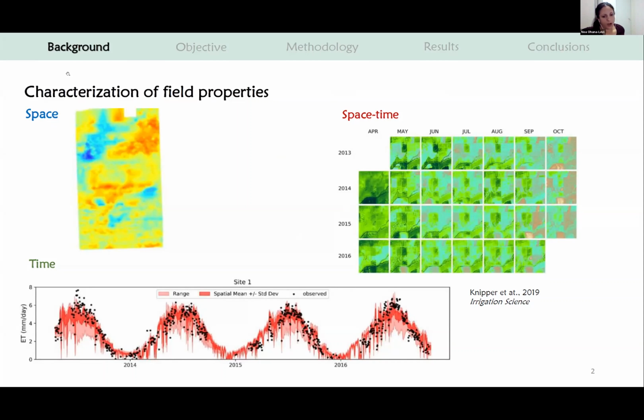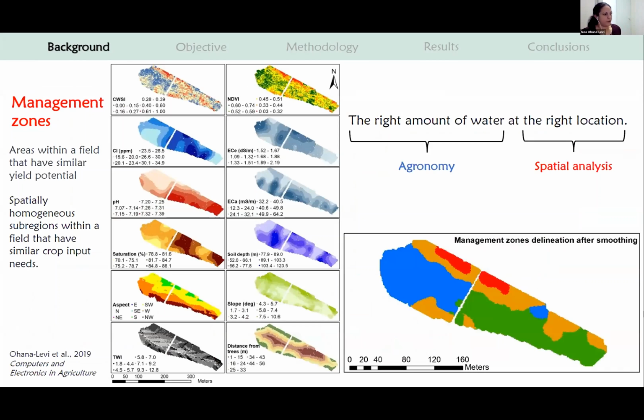And if we're talking about management zones, maybe we should define them first. These are generally spatially homogeneous subregions in a field. Classical management zones up until today have most commonly been defined using several variables, usually more than one variable, but at a specific point in time.